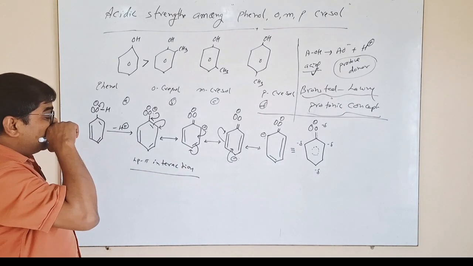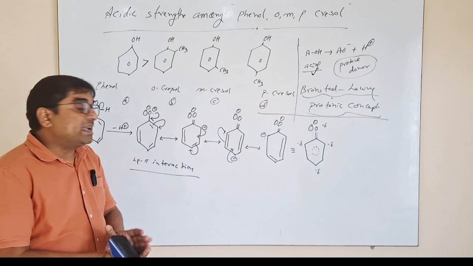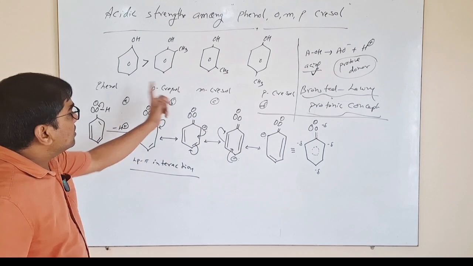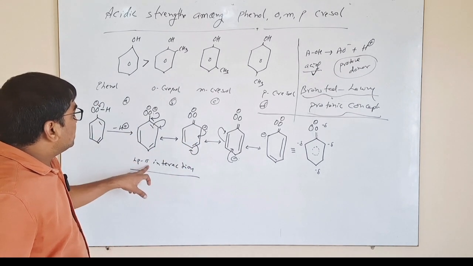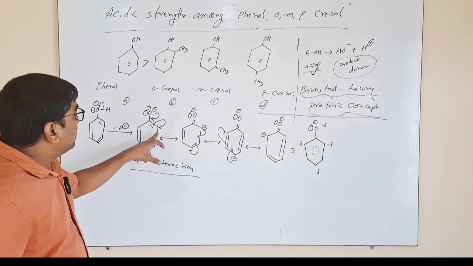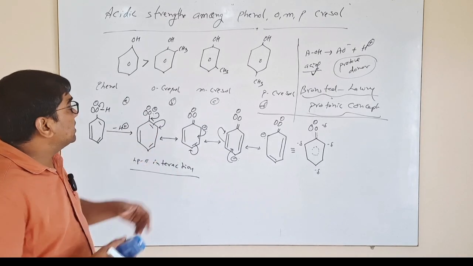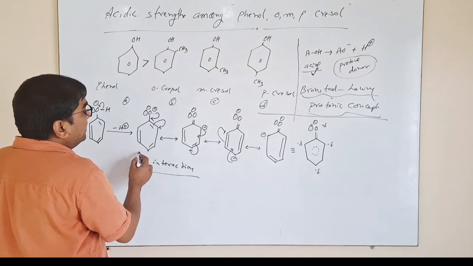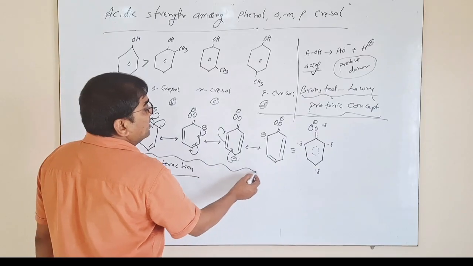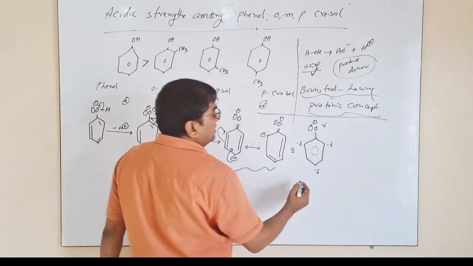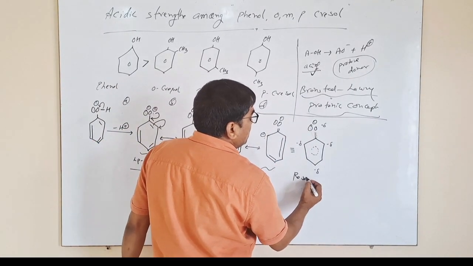Either it will be lone pair or lone pair pi interaction. Here in phenoxide, the resonance type is lone pair pi interaction, due to which different resonating structures are found that ultimately result in a resonance hybrid.